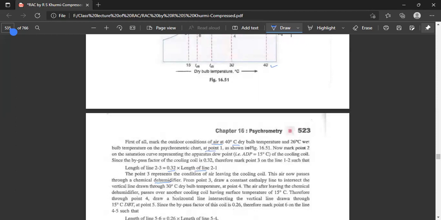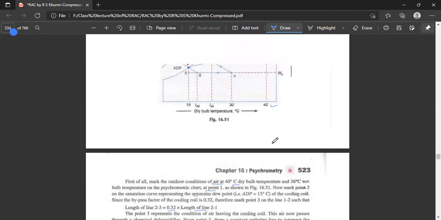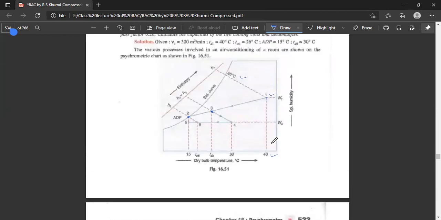From point 3, draw a constant enthalpy line to intersect the vertical line drawn through 30 degrees centigrade dry-bulb temperature at point 4. So this is point 4, on the 30 degrees centigrade dry-bulb line, where the constant enthalpy line through point 3 intersects.